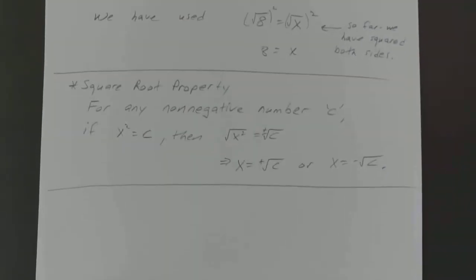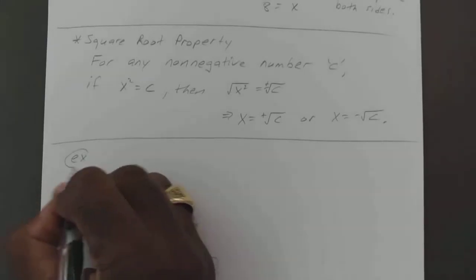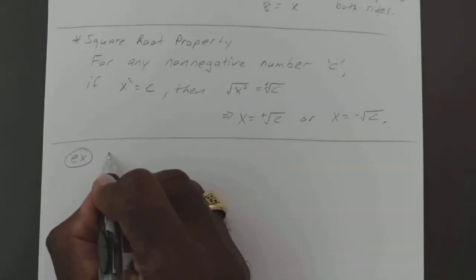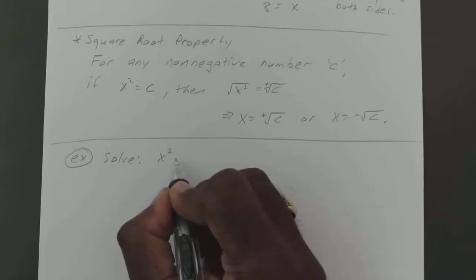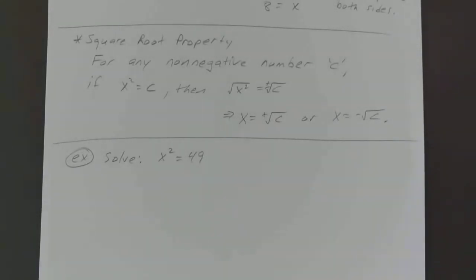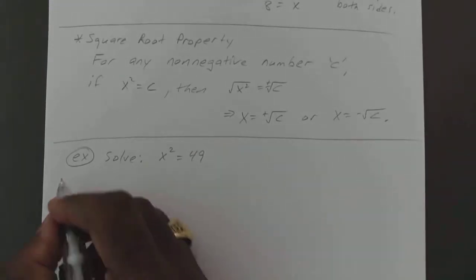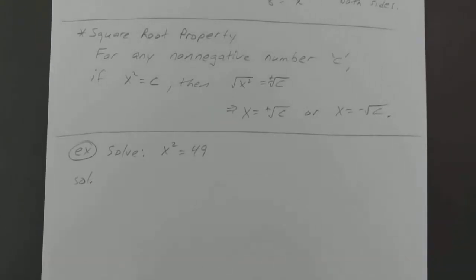All right, so let's say, for example, if you wanted to solve x squared equals 49. Now, so far, how we've been doing it, we subtract 49 from both sides.